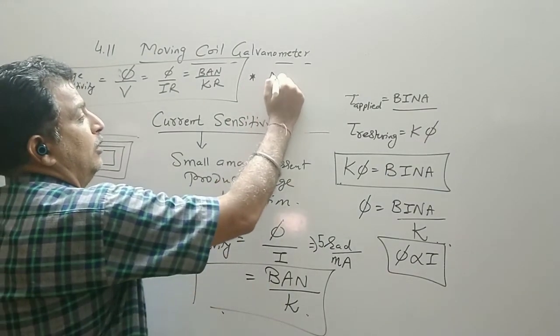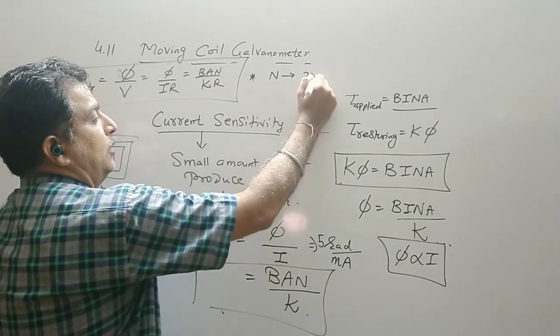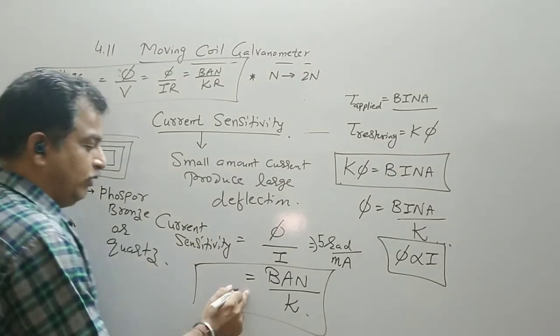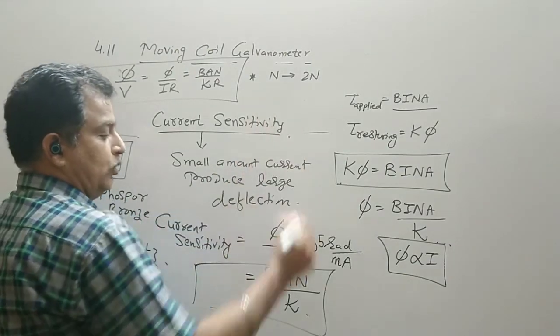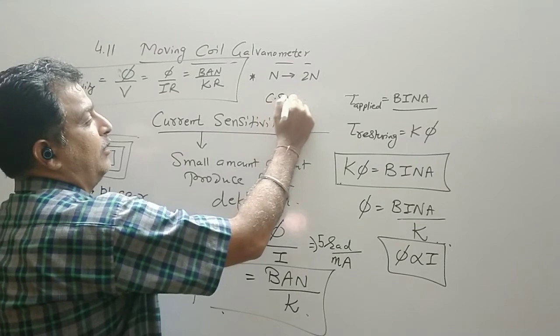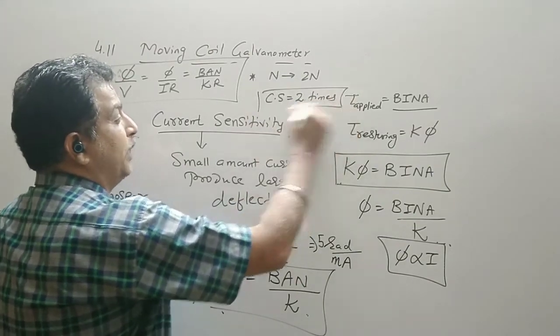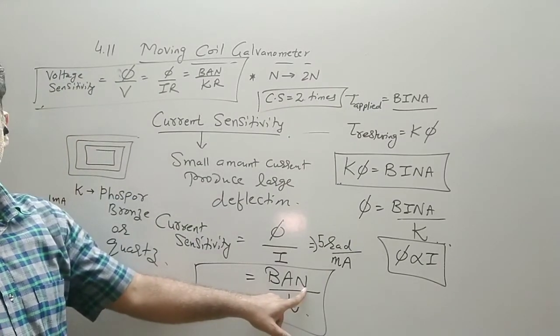Suppose the number of turns is doubled, that is the number of turns becomes 2n, then what will happen to current sensitivity? Current sensitivity will also become 2 times because n is doubled.